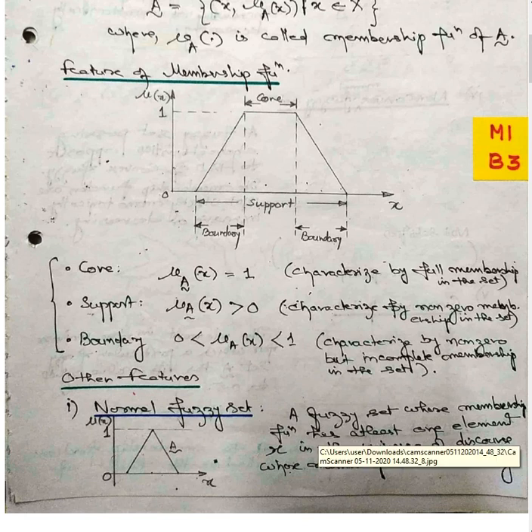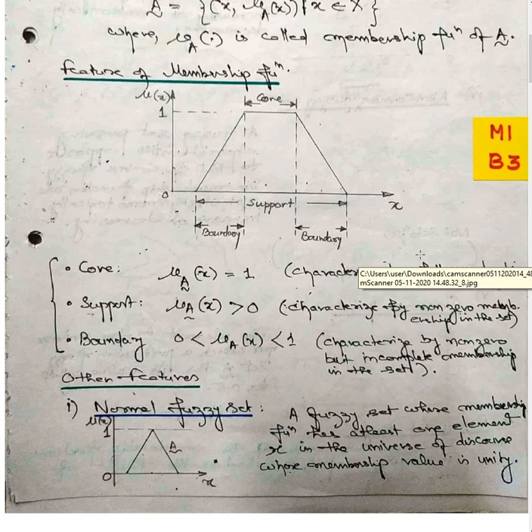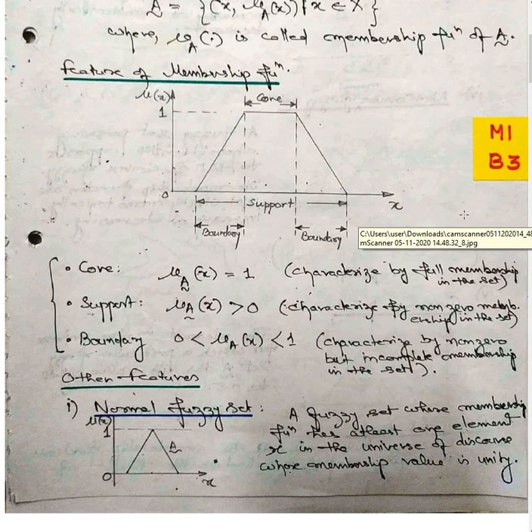It is a fuzzy set where the membership function has at least one element x in the universe of discourse whose membership value is unity. It will have a unity value of one and a value of 0, and the others are intermediate values. So that is the normalized fuzzy set.